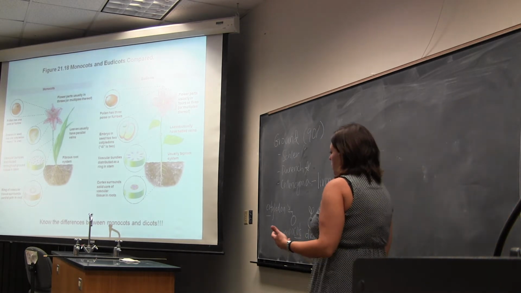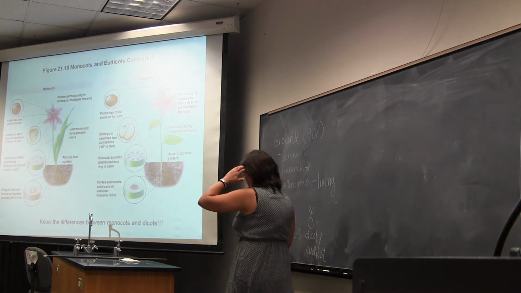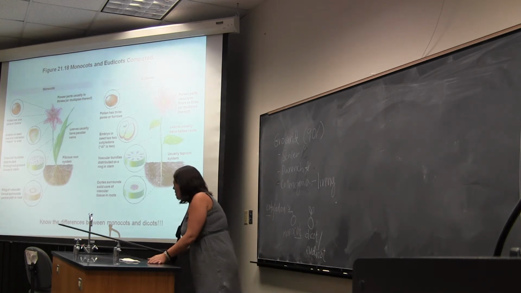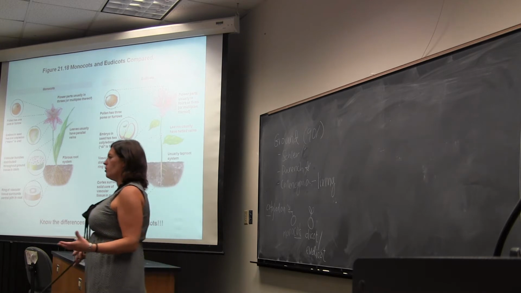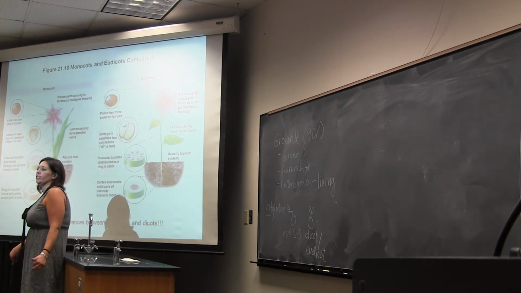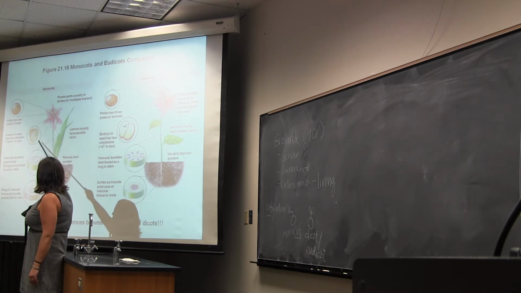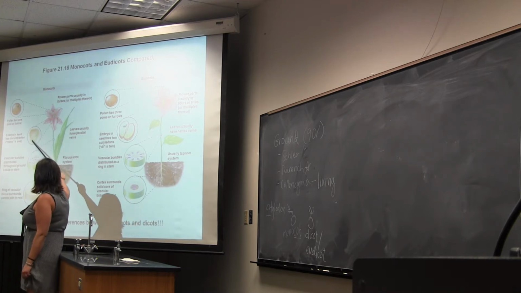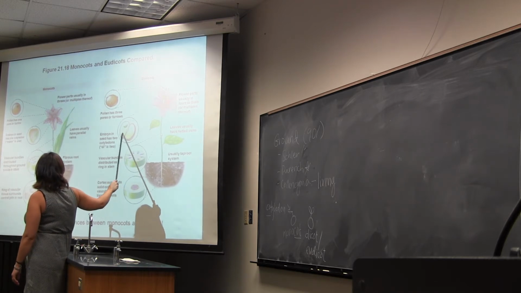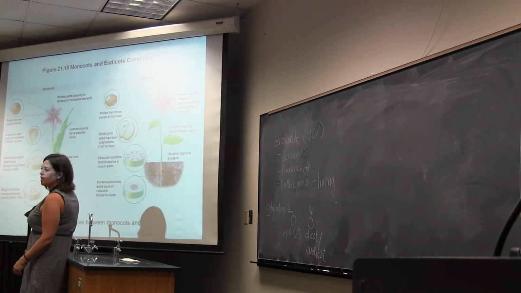And so here's a little chart summarizing the main differences between the two. All right, we already mentioned that the main definition of a monocot and a dicot is the number of these cotyledons, or these baby leaves. And so these monocots, you can see this is one baby leaf right here, and then here you have two baby leaves.